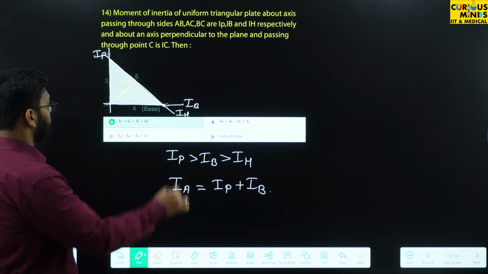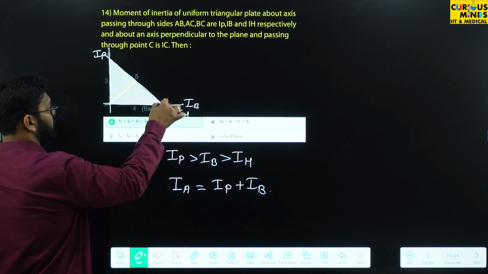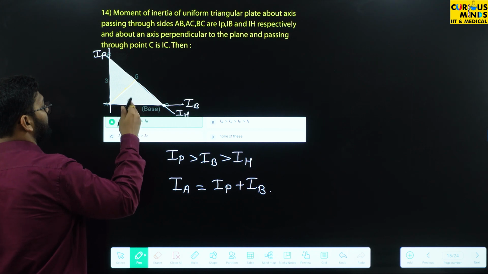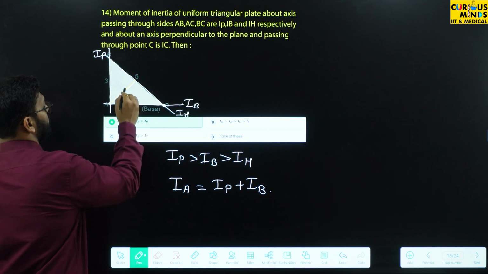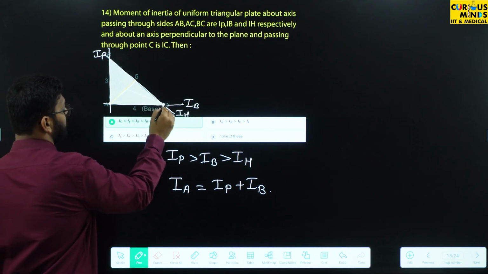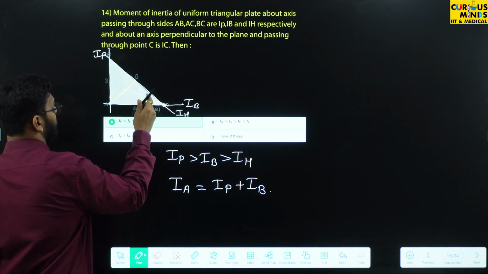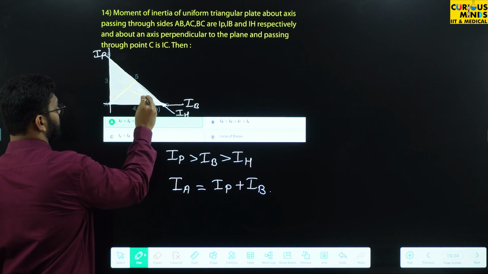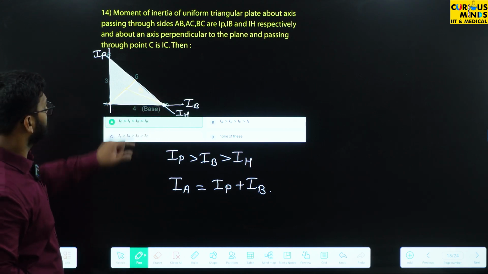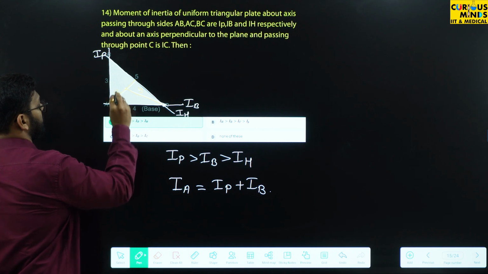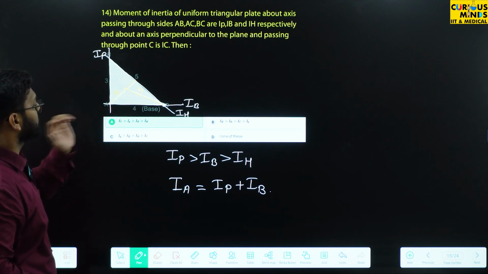Now to find the moment of inertia about this axis, we can use the parallel axis theorem if we know the moment of inertia about the COM. Let's say this distance is y and this distance is x.